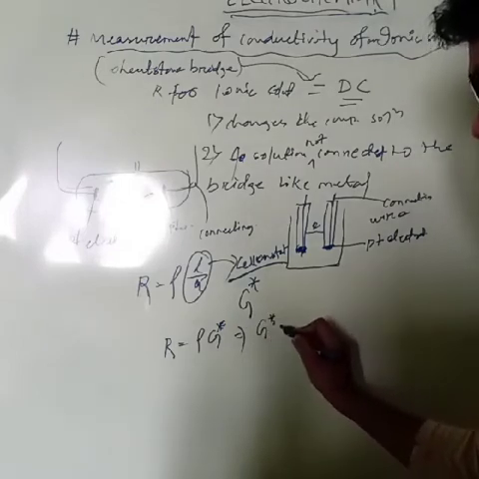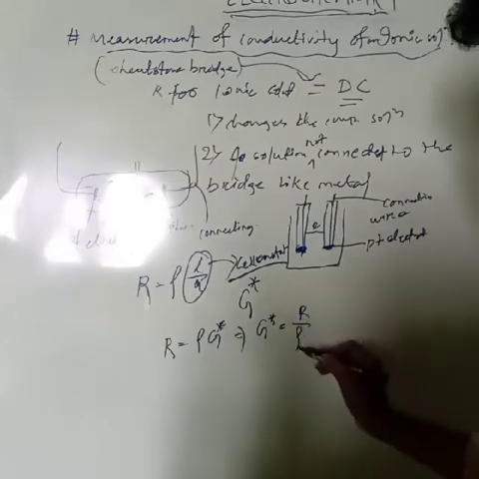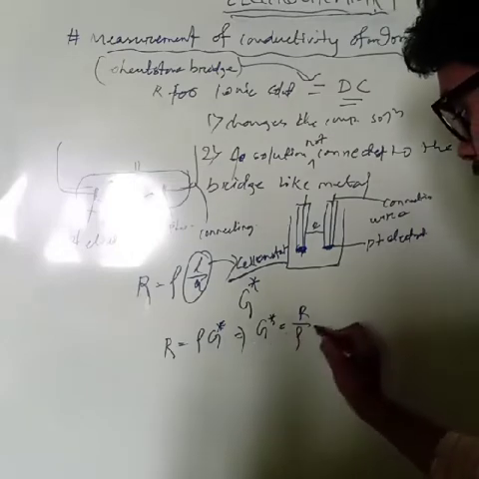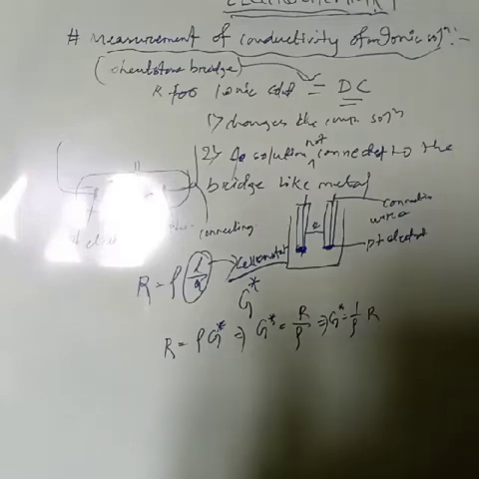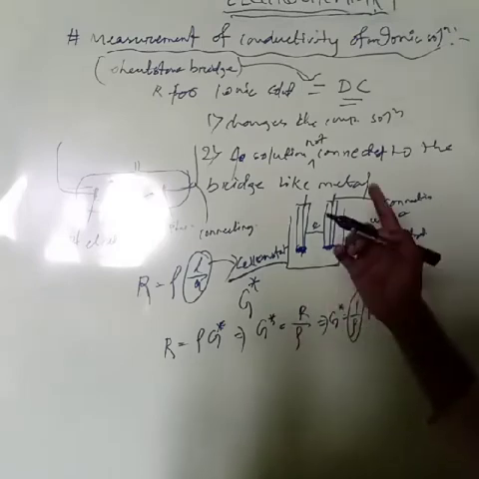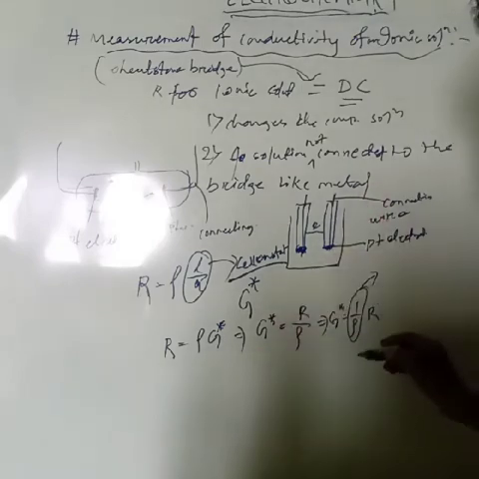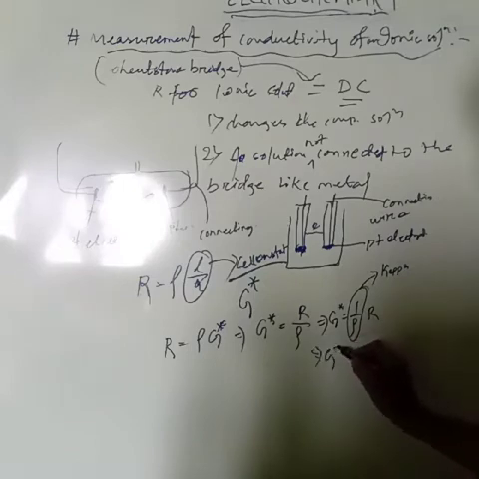G star equals R by rho, or I can write it this way also, G star equals 1 by rho times R. What is 1 by rho? Earlier we read that 1 by rho is the specific conductance, that is kappa. So we can write G star equals kappa R.